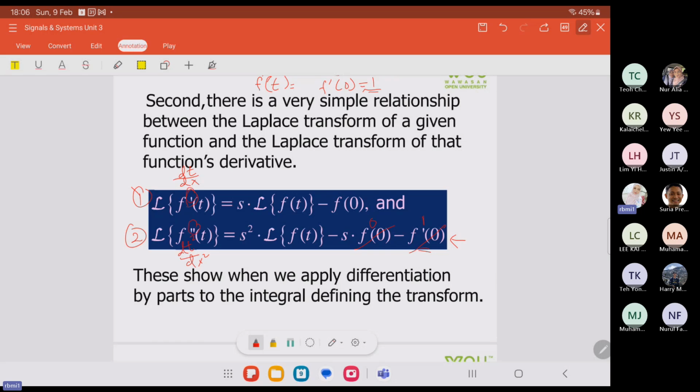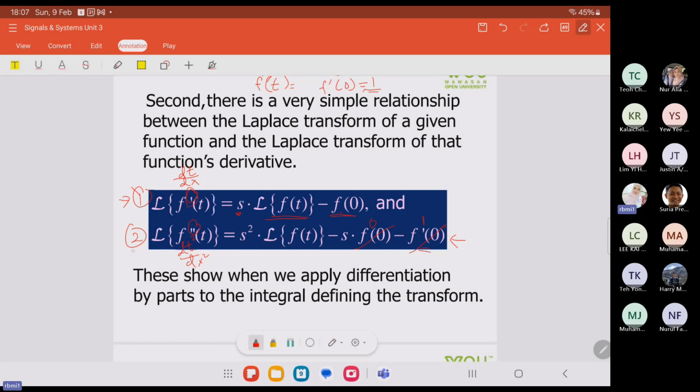For the first derivative, we look at the first derivative firstly. We have the s. How to transform? We have s times the function F(s) minus the initial condition f naught. The initial condition must be given. Normally, it will be given the initial condition value.